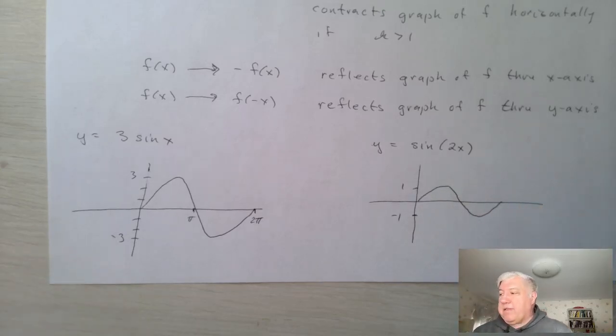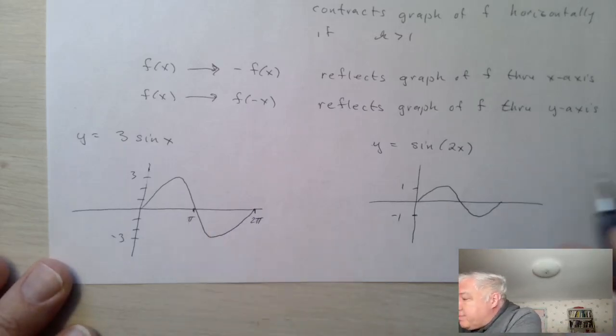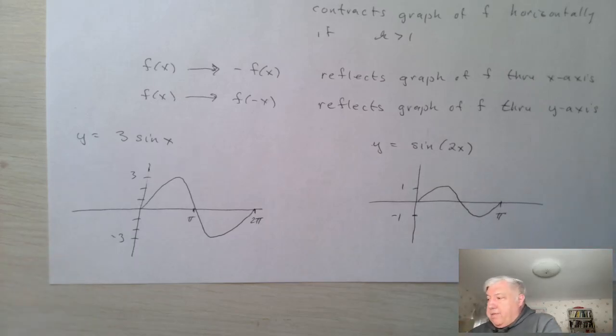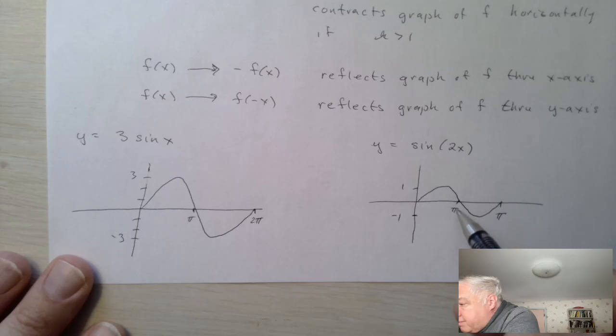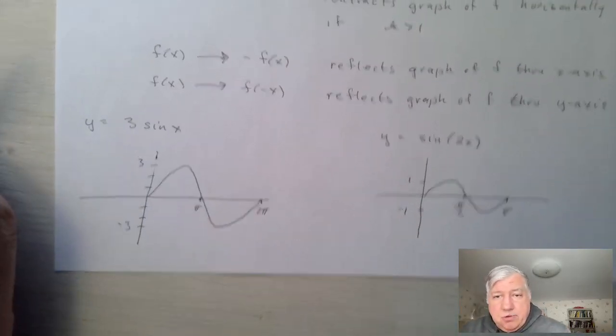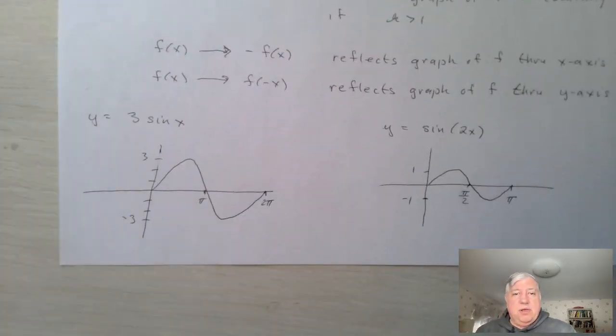We have something like that, and in fact we compressed this by a factor of 2. So here's pi, and then this center will be pi over 2. So the period changes, and the amplitude remains the same. Okay, that's the main thing.